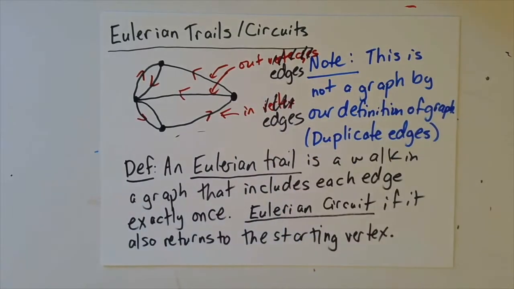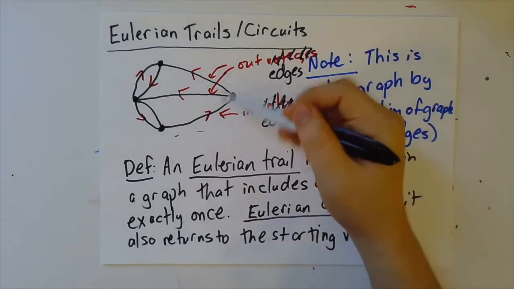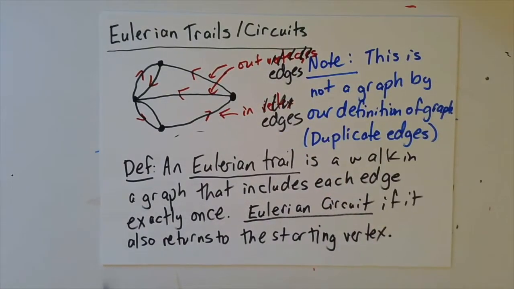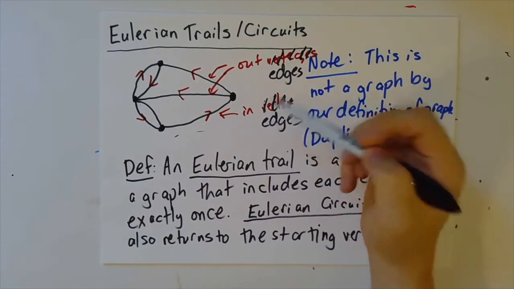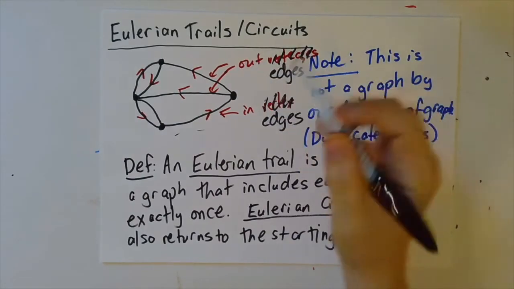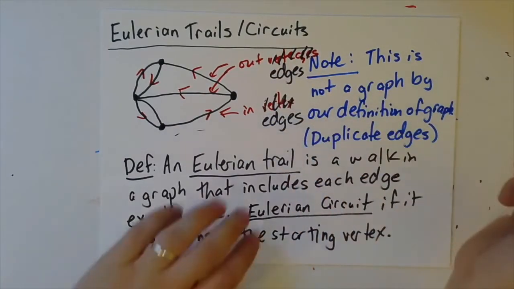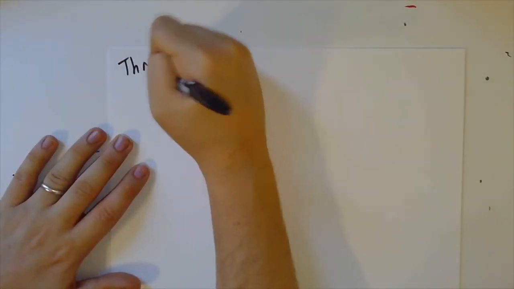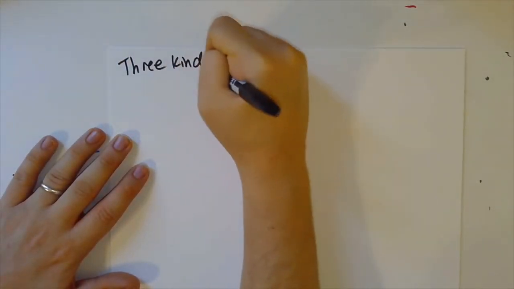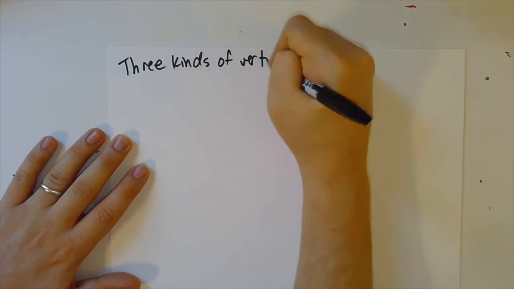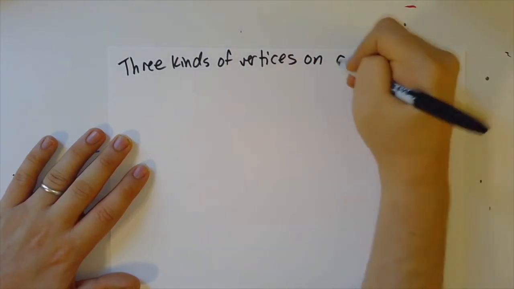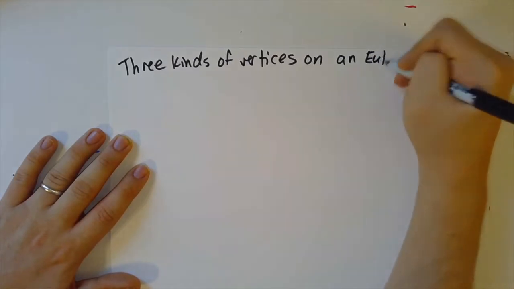Okay. And so you can actually tell a lot about what happened at a particular vertex based on how many out edges there are and how many in edges there are. Okay. So I'm going to label here three kinds of vertices on an Eulerian trail.